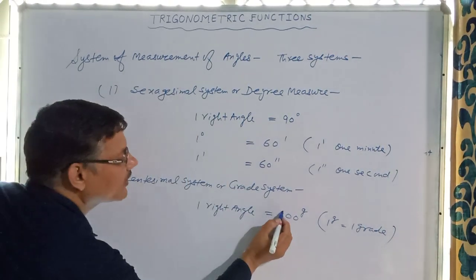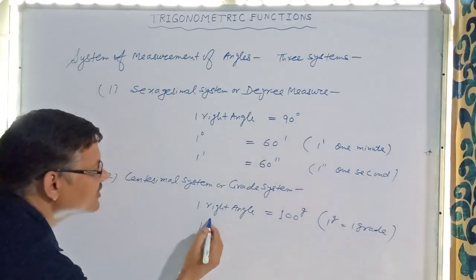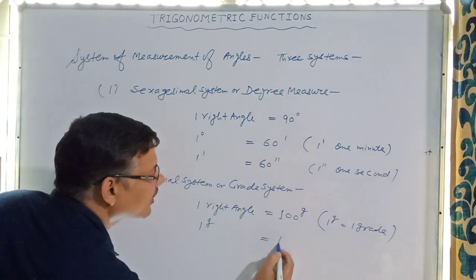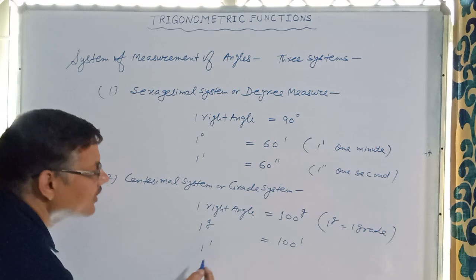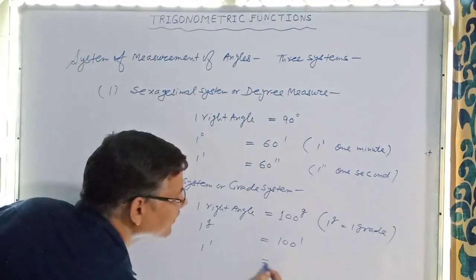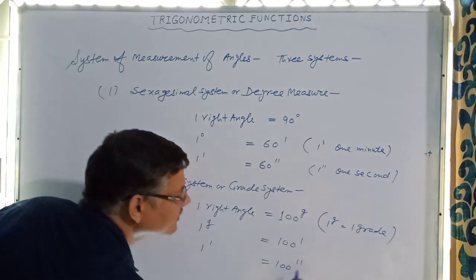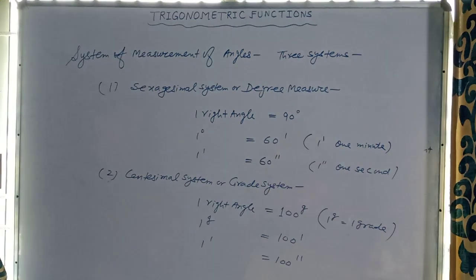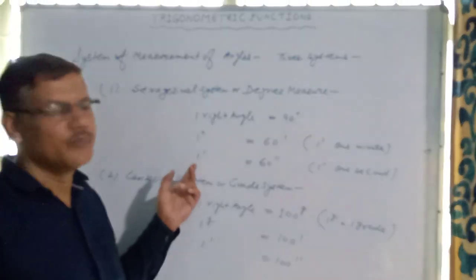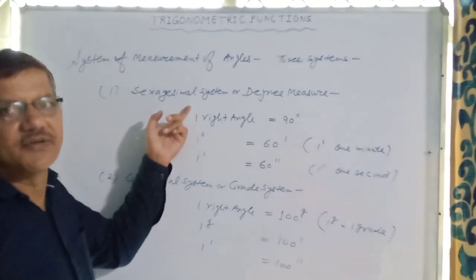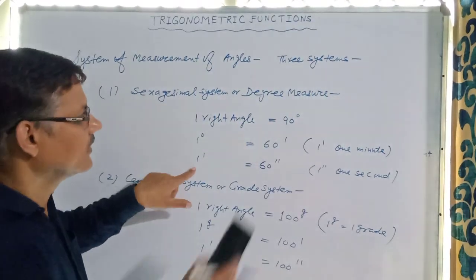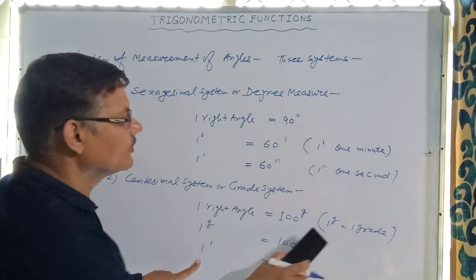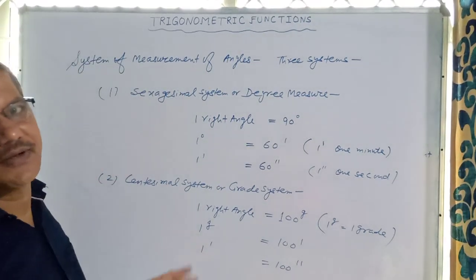Then 1 grade is divided into 100 parts, called 100 minutes. Then 1 minute of this system is divided into 100 equal parts, called seconds. So it is understood that 1 second of the degree system is different from 1 second of the grade system. This is concerned to only degree measure and this is concerned to grade measure, or we can say French system.